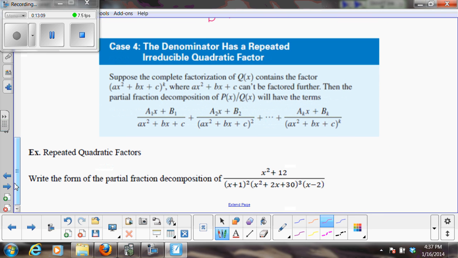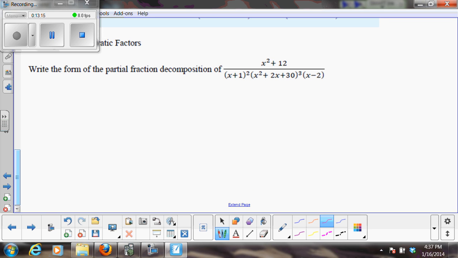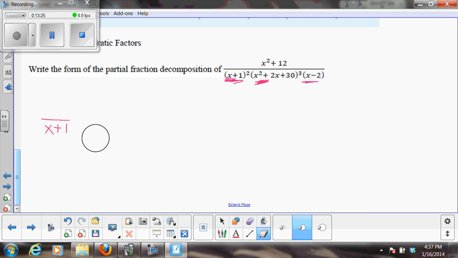On the bottom. Now, all we're doing is writing the form of this. We're not actually solving this one because this one's crazy. So this is linear, this is quadratic, linear, but there are repeated values. Which means we start with an x plus 1. But because it's a repeated value, we do x plus 1 now squared.